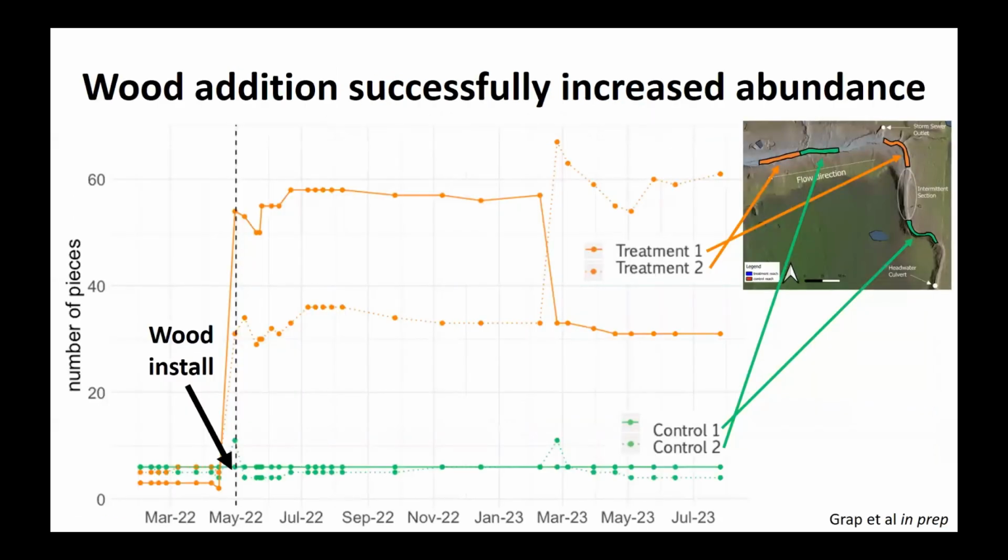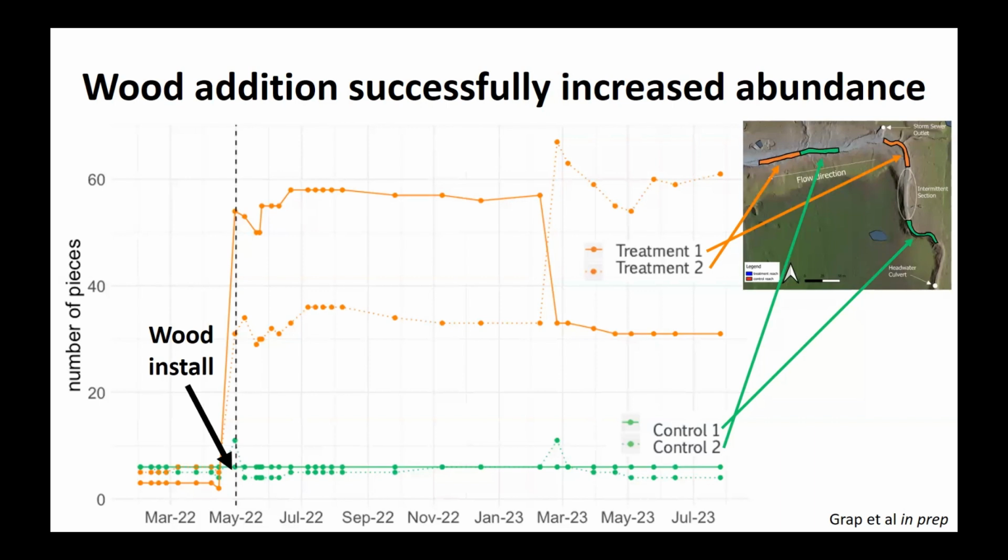We were successful in increasing the abundance of wood in the system. From the left side of the graph, you see this dotted line with the wood installation. And we're seeing the number of pieces in each of our treatment reaches in orange. Hopefully you can see that during the first couple months, a substantial amount of wood is now in those sections of the stream.